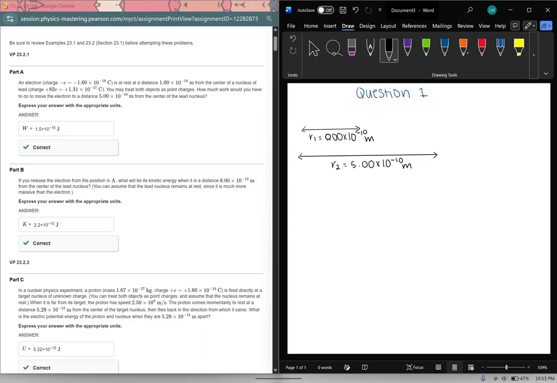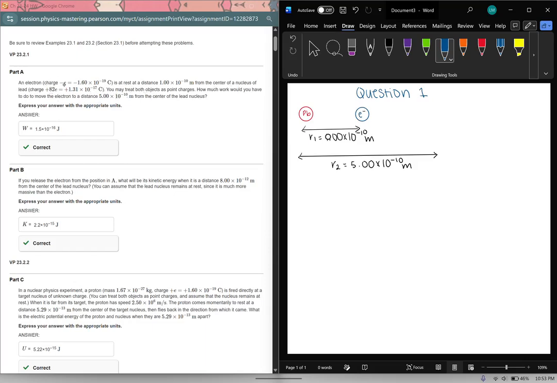This is going to be the lead, I believe it's Pb, and this is going to be the negative electron right here.